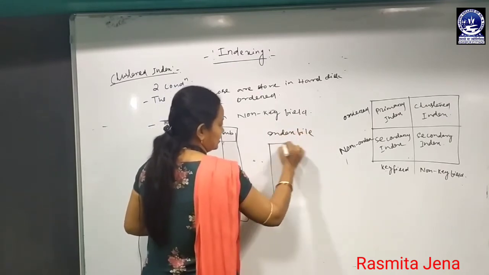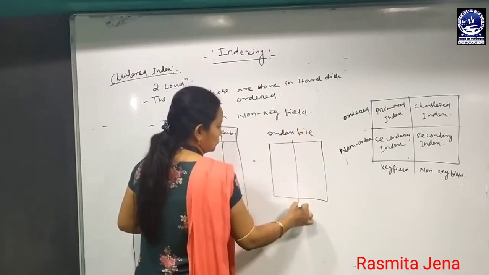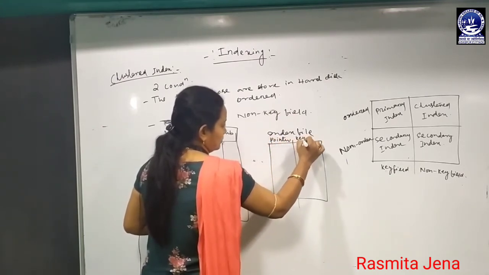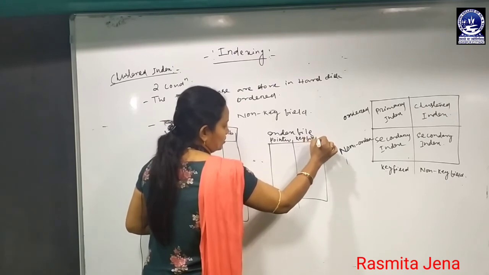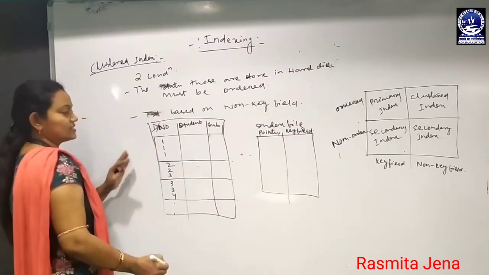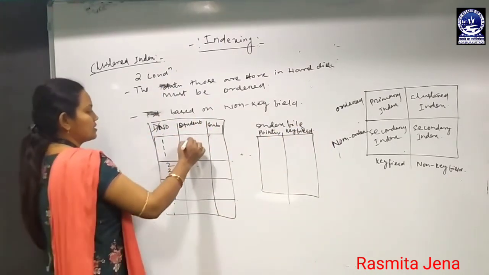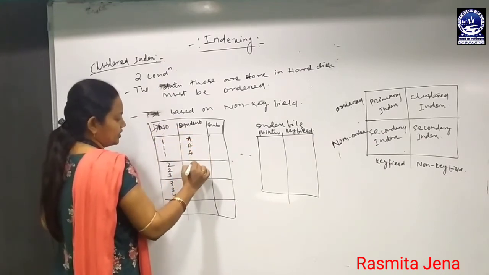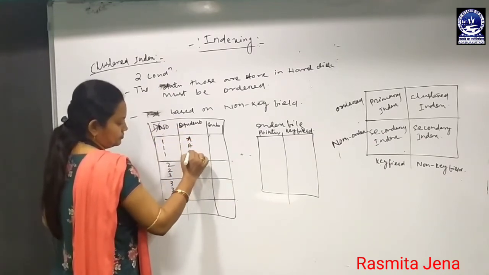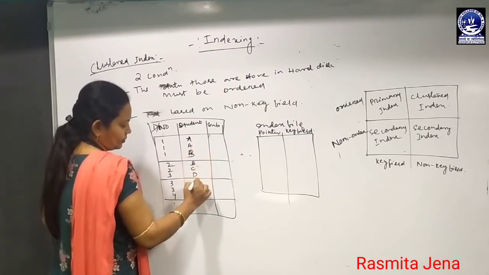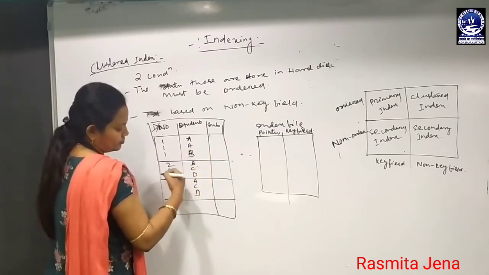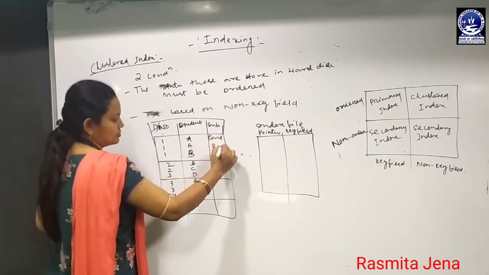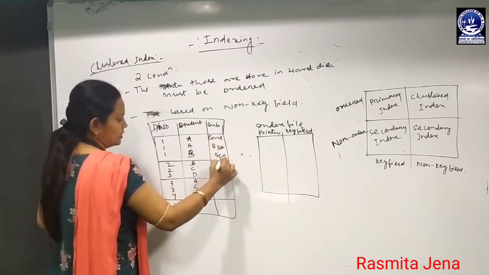As we know that it contains two fields, one is your pointer field and another one is your key field. Okay. In hard disk, data are stored block-wise and these are the department number and name of the student. Okay. And this is suppose the subject, like this.